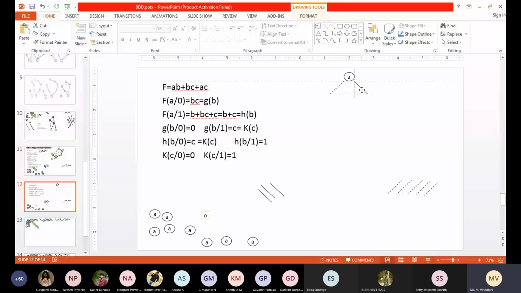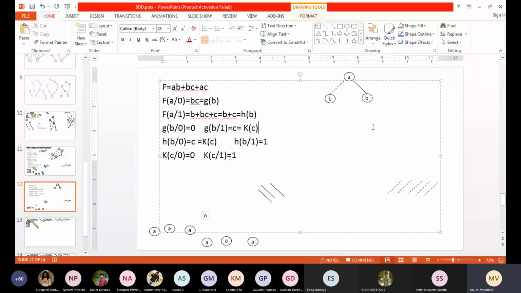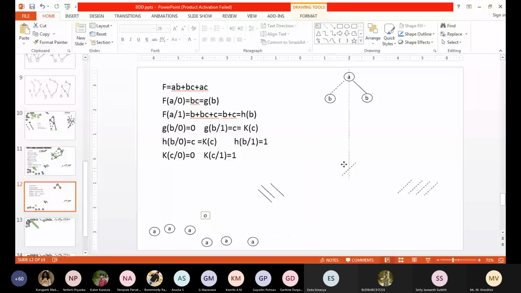Say F of A, when it is 0, it is going to be B. And when it is 1 also, it is going to be B. And this is related to G of B. So G of B, when it is 0, it is going to 0. When G of B is 1, it is going to C.